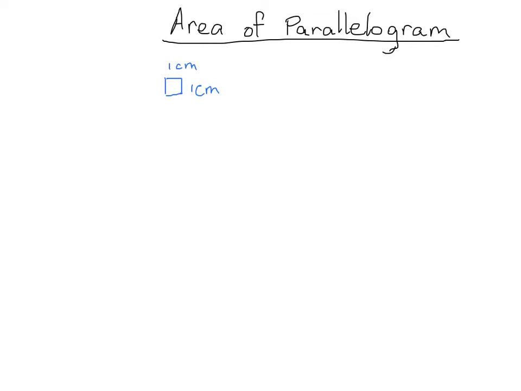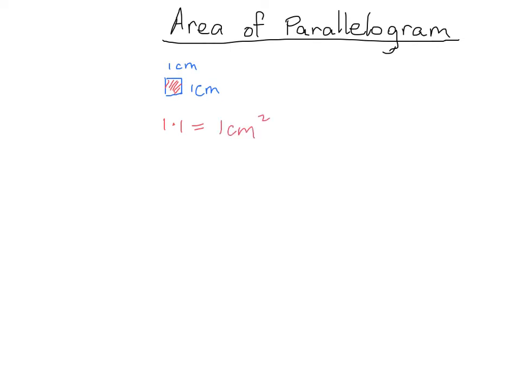If you want to say how much space this figure takes up, what I'm looking for is what is within the square. The area of this square is 1 times 1 centimeters squared. So in order to figure out the area of one little square, we just multiply the 1 by the 1 and you get 1 centimeter squared.